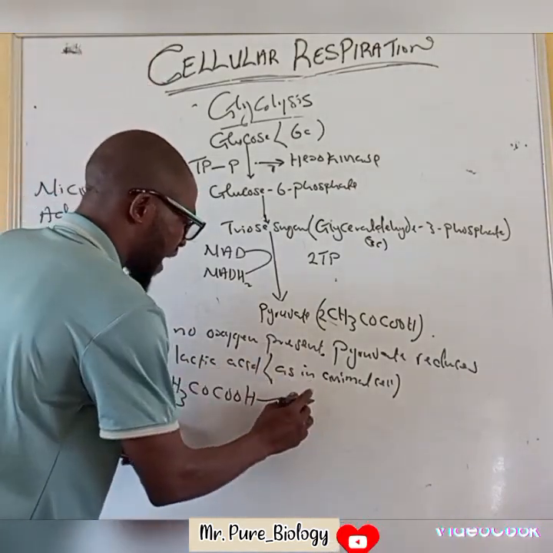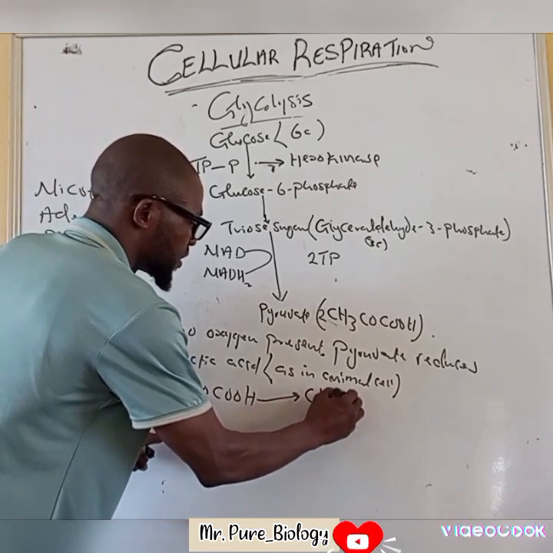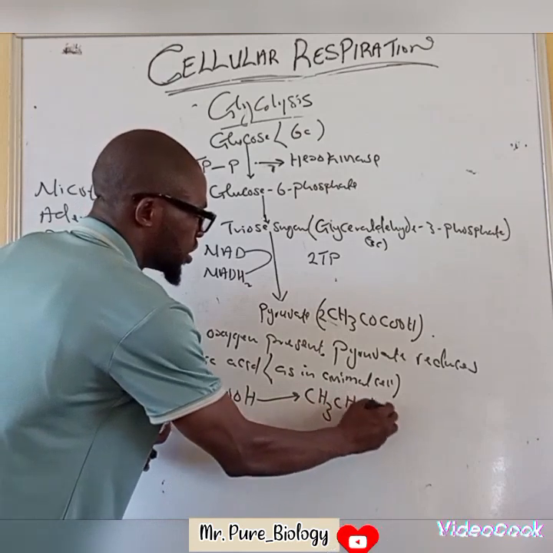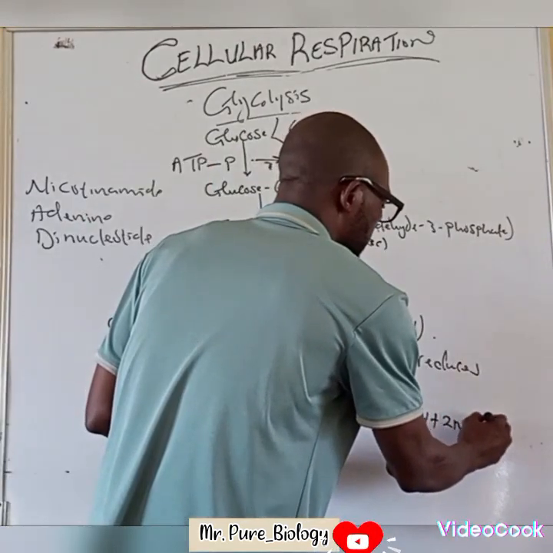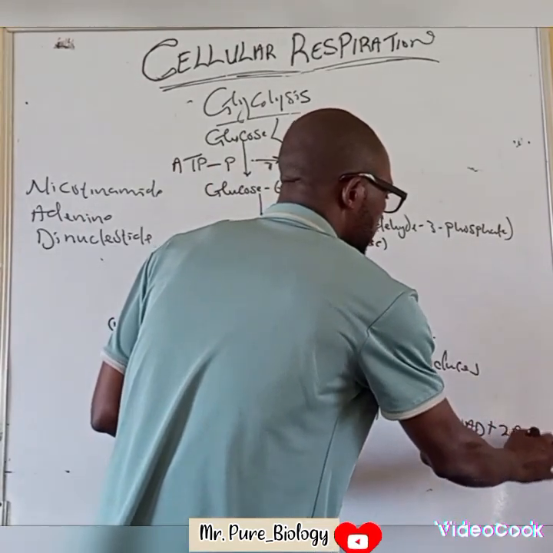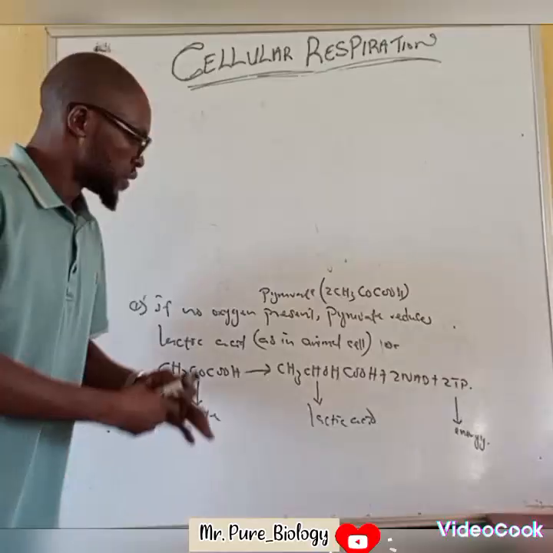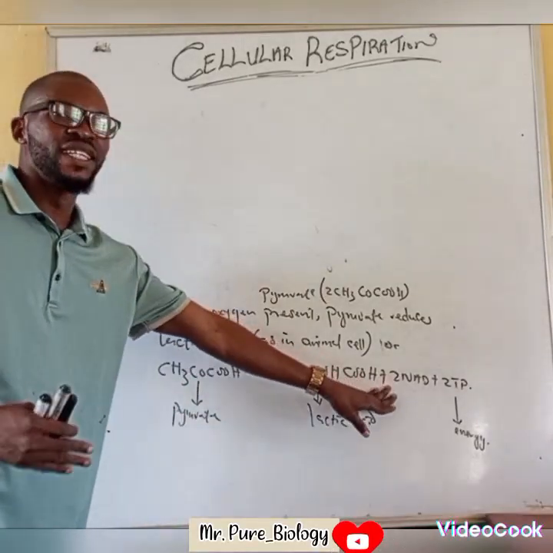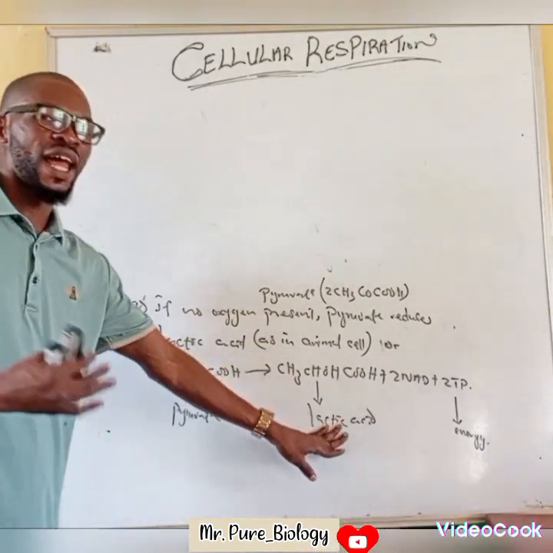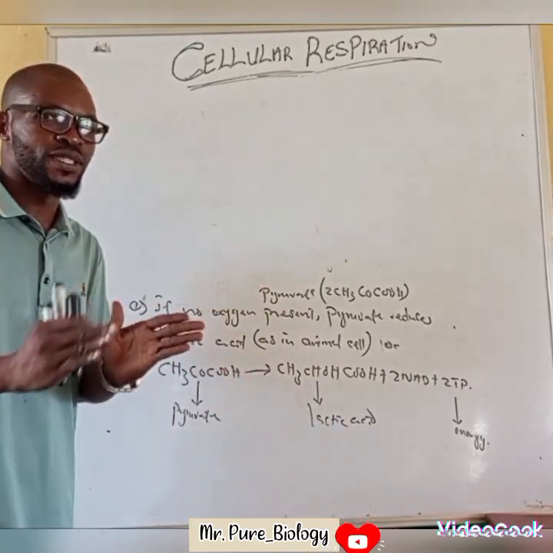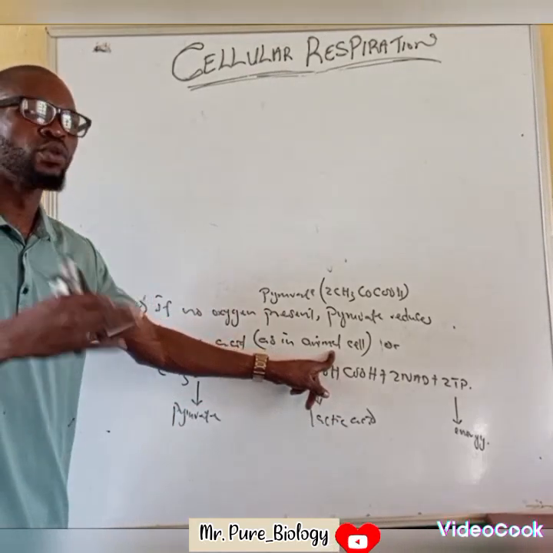And this lactic acid can be symbolically represented by CH3CHOHCOOH, plus 2NAD, plus 2ATP, because a certain amount of energy will still be generated. So this is anaerobic condition in muscle cell, and this will be the result. The pyruvate will just reduce to lactic acid once there is no oxygen present, and that is in animal cell. Let's now look at it if it happens in plant cell.